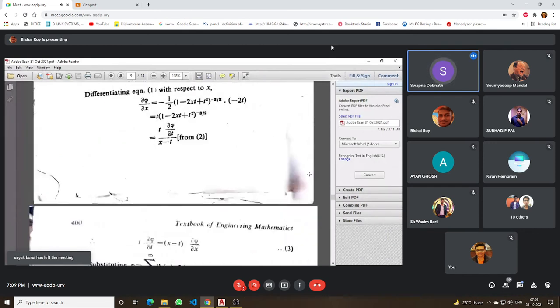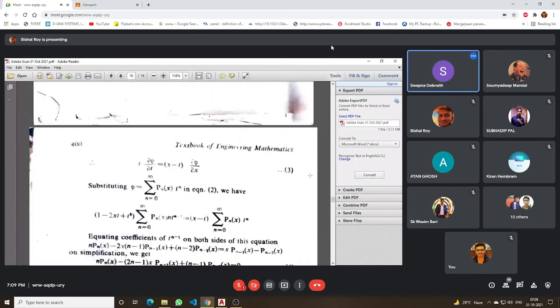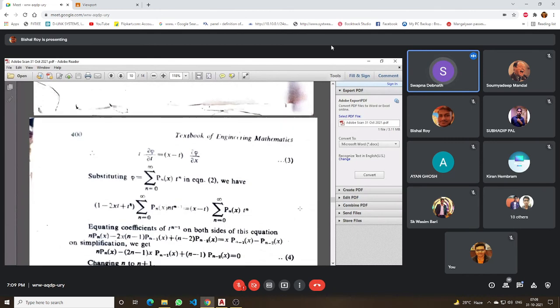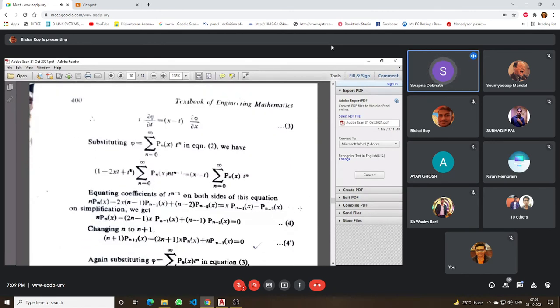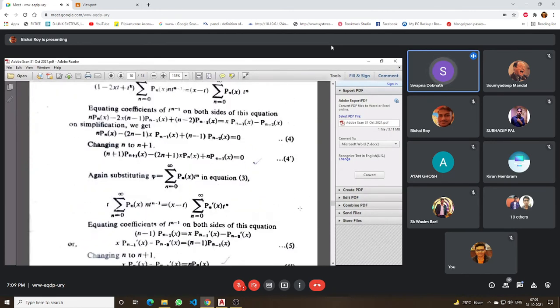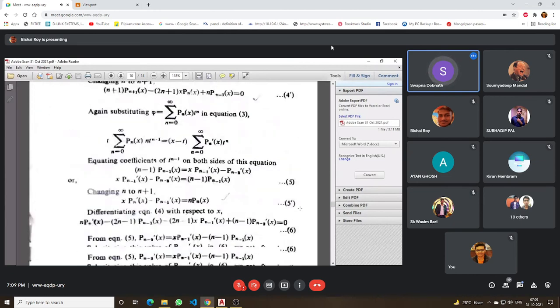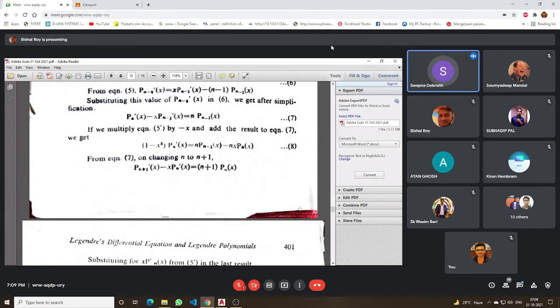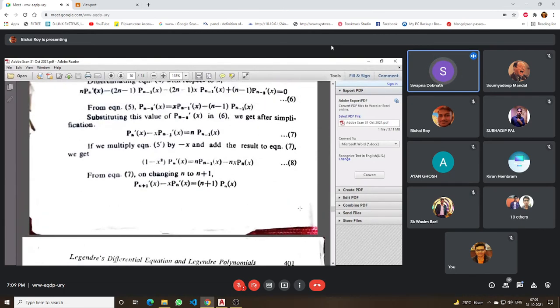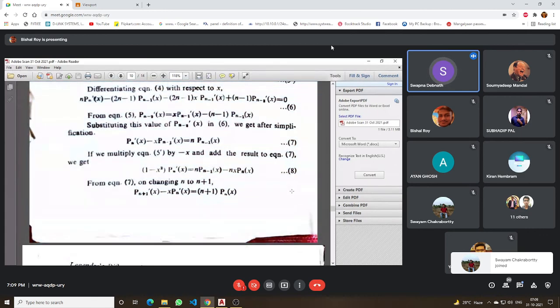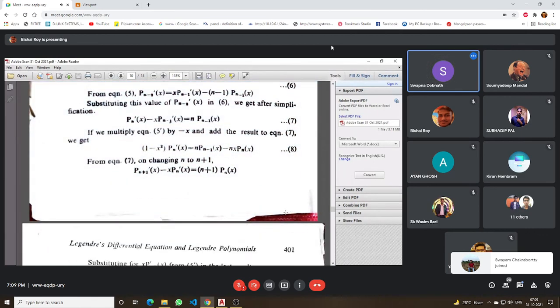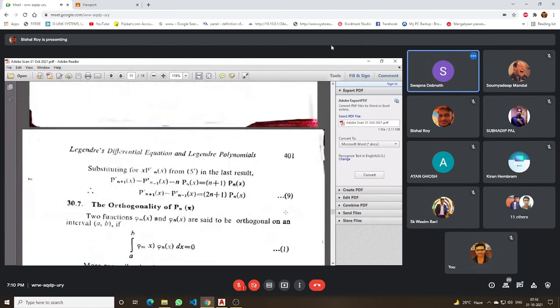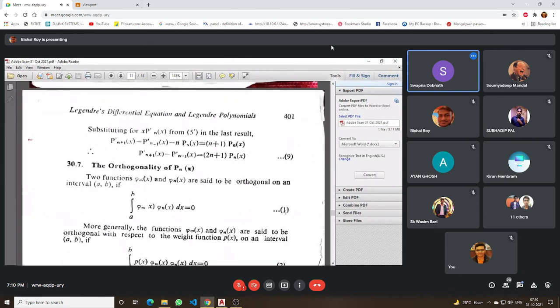We arrive at some recurrence relations, and we manipulate, put n equal to n+1, then again differentiate, and we arrive at all the recurrence relations. These are all the recurrence relations, 7, 8, etc. Up to 9, these are all recurrence relations.